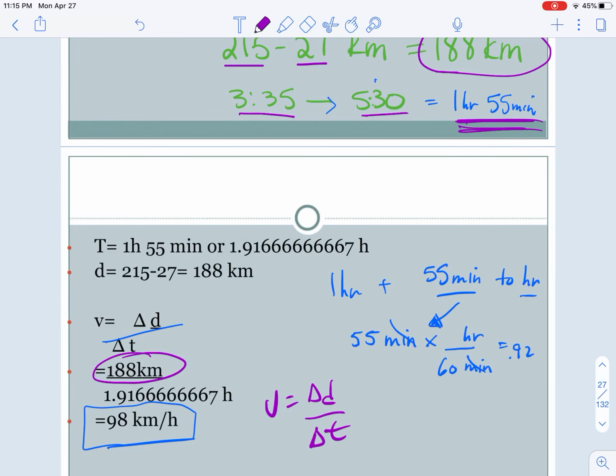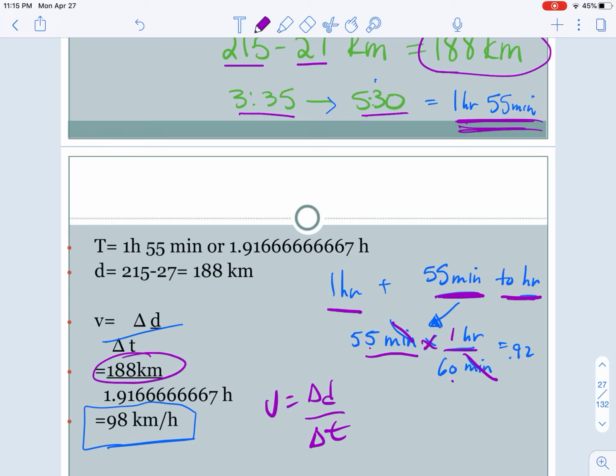One thing that we can look at here is that if you want to know how many hours that entire thing is, you can say it's the 1 hour. You have to add how many hours the 55 minutes is. So to get 55 minutes to an hour, you would say 55 minutes times 1 hour has 60 minutes.